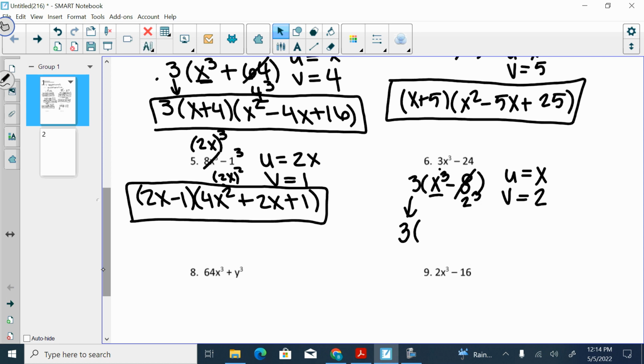So u minus v would be, very good. And then the next parenthesis, we got u squared, which would be, very good. And then we would have plus u times v, which would be 2x, plus v squared, which would be, very good.